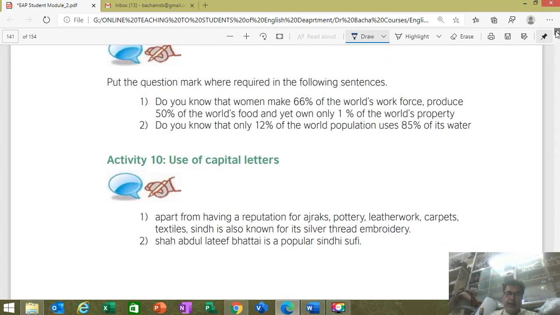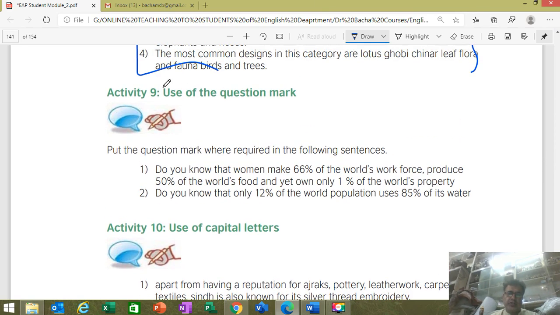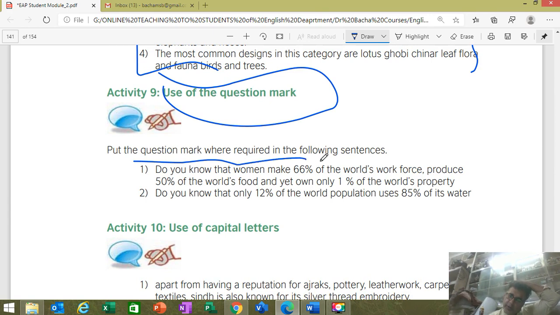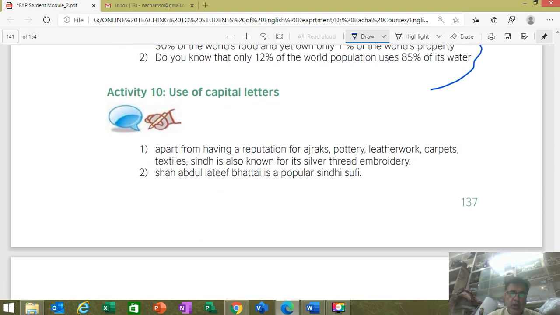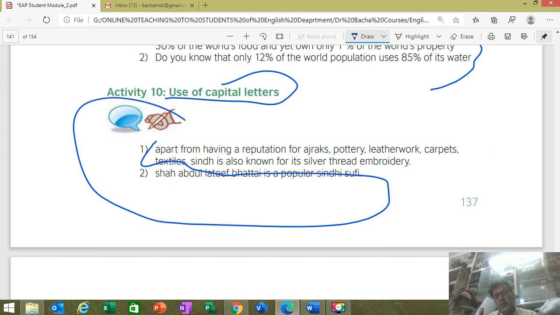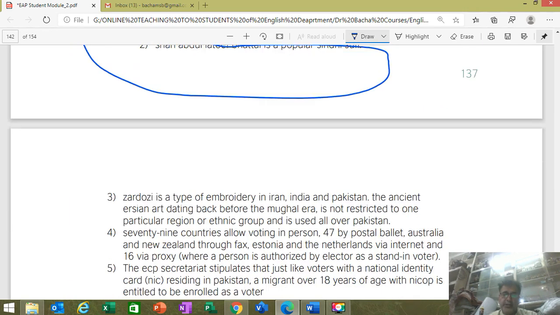And then, my dear, you have to use the question mark. Put the question mark where required in the following sentences. Mostly a question mark is placed at the end of a question when it is asked in a sentence. And then you have to use capital letters here so that you can understand and have a full grip on it.